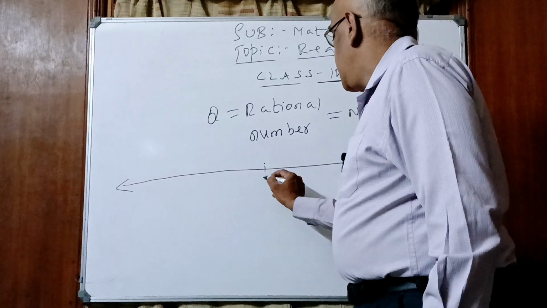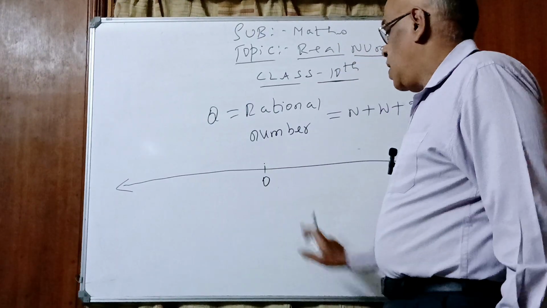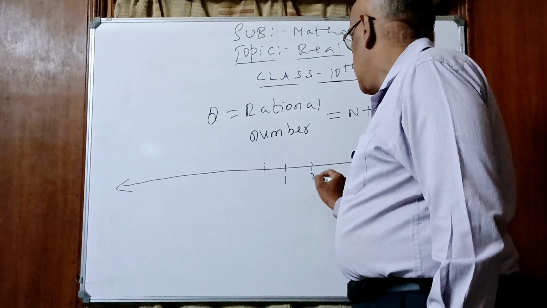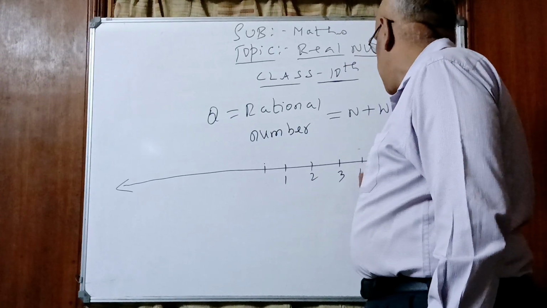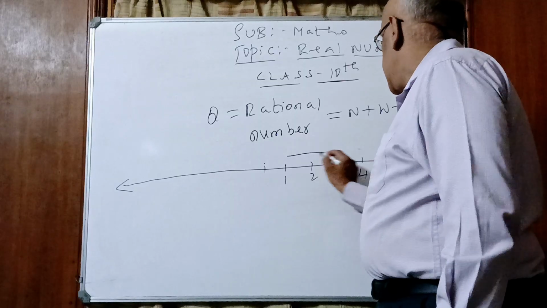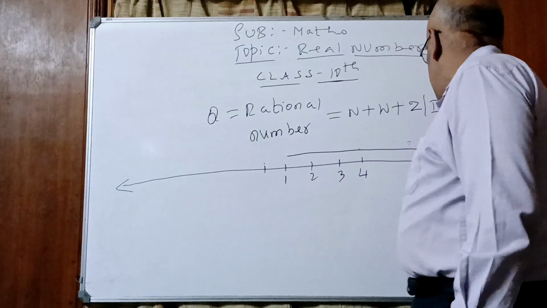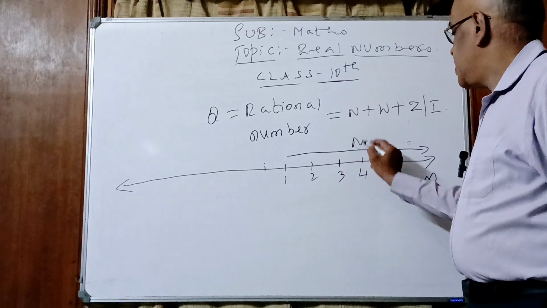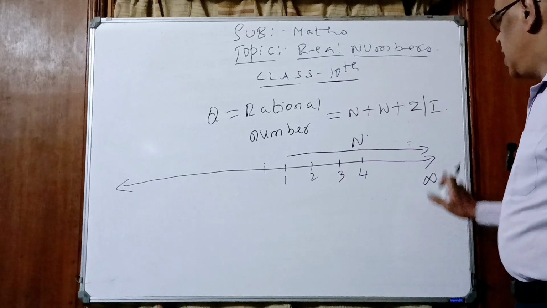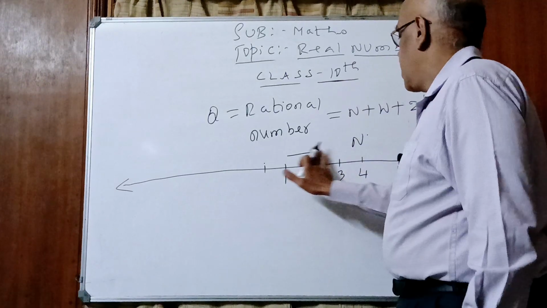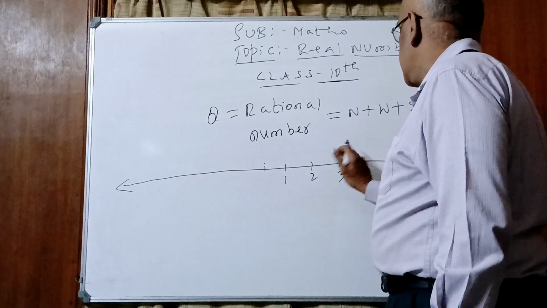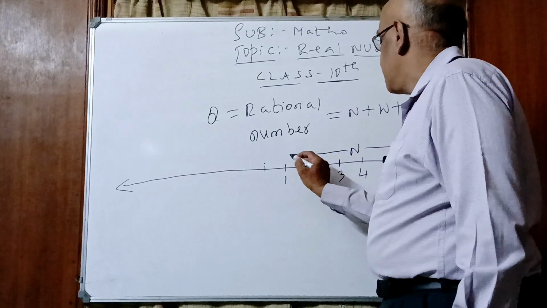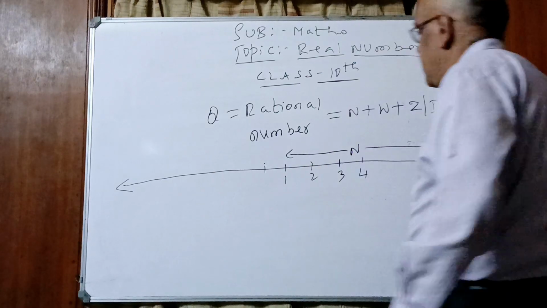Middle number is 0. Then 1, 2, 3, 4. Starting number 1, it goes up to infinity, children. What is this set of numbers called? Natural numbers, denoted from 1 to infinity.